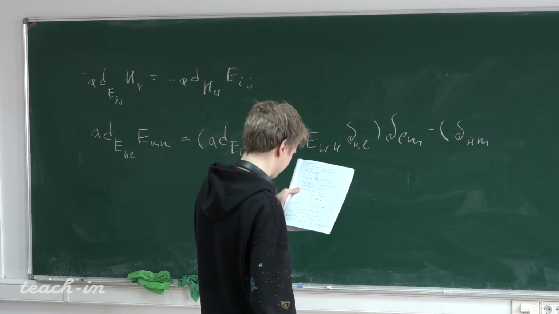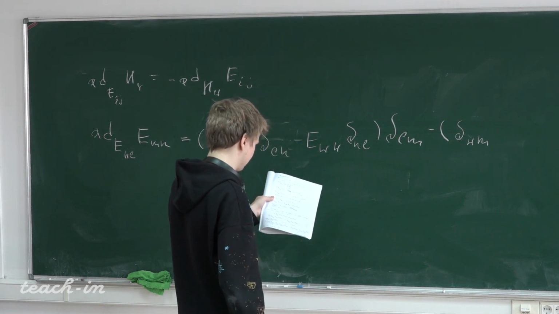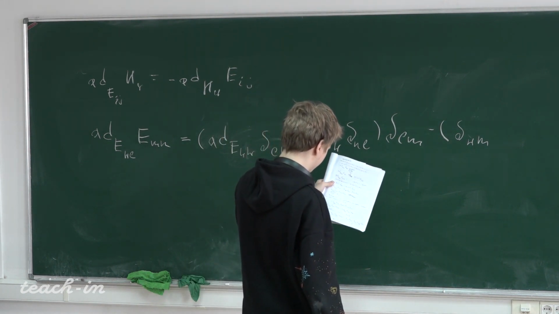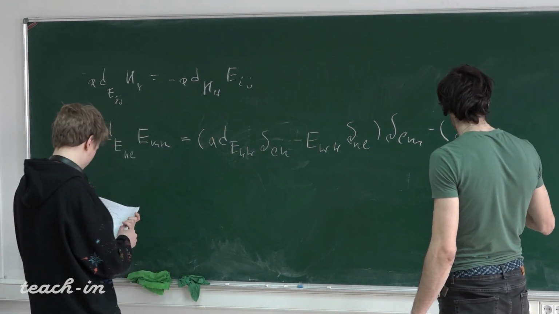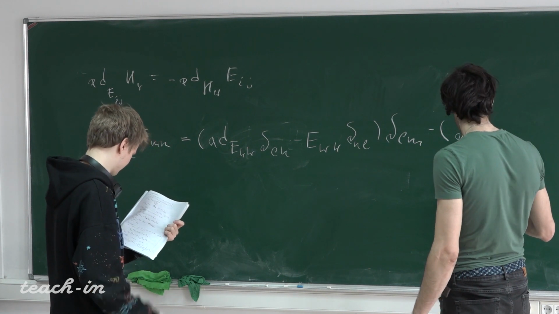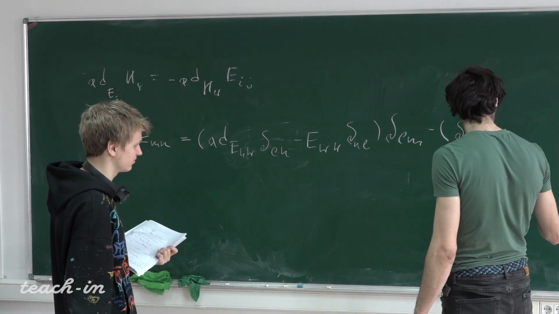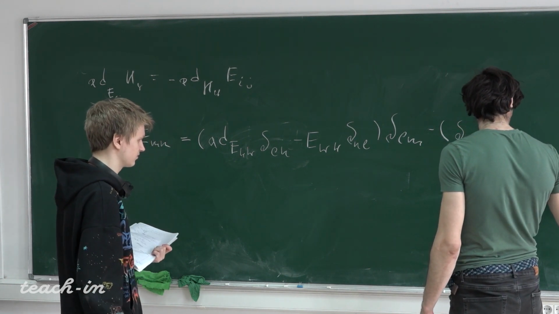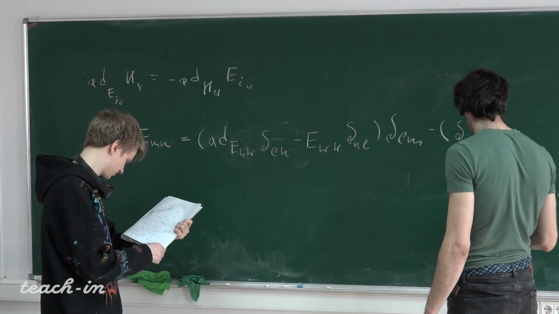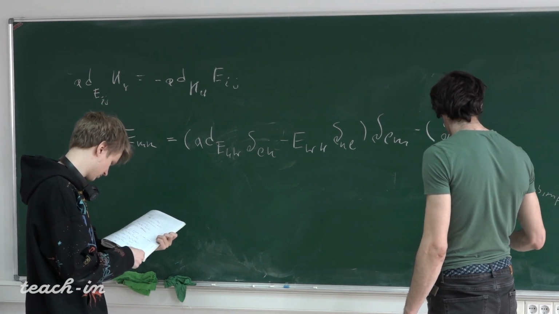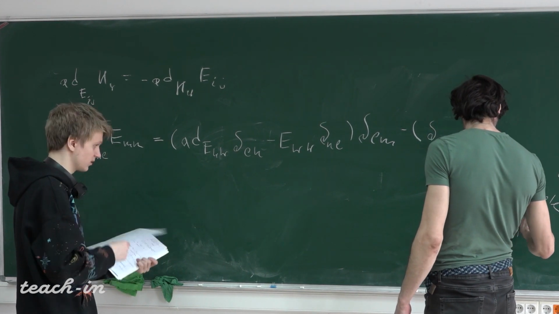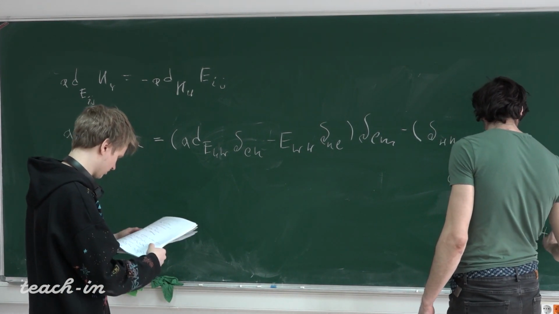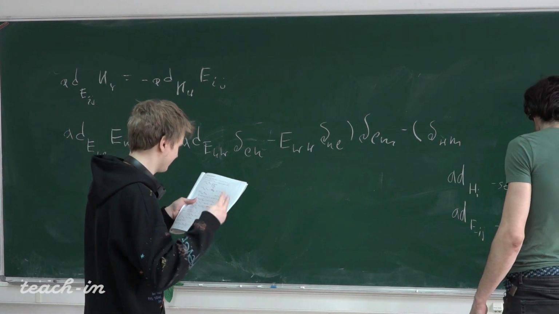And I think what you're trying to say is that ad HIs is semisimple, right? That's what you would like to check. And ad EIJ is nilpotent. Yes.